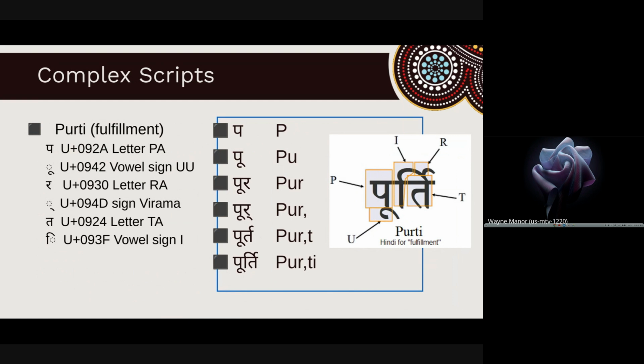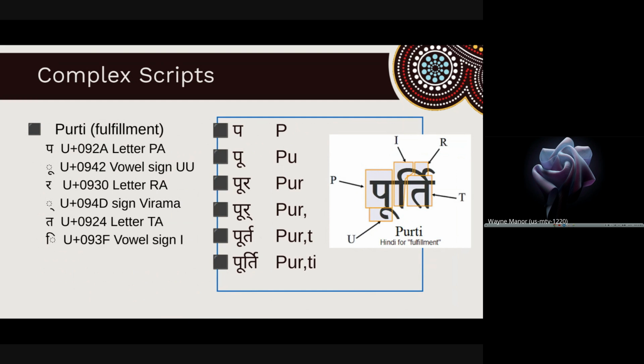You type the letter P, and you can see the character next to it, how it looks. Then you type the U sound, and that vowel goes underneath the P. Then you type the R, it goes to the right. Then you type the Virama, and that goes again underneath. Then we type the T, that goes, let me see, I have that right, goes above.